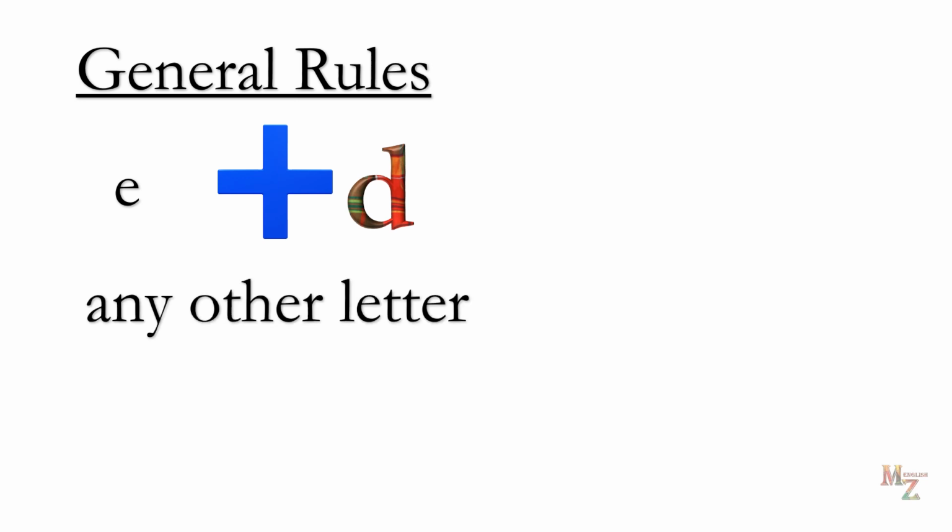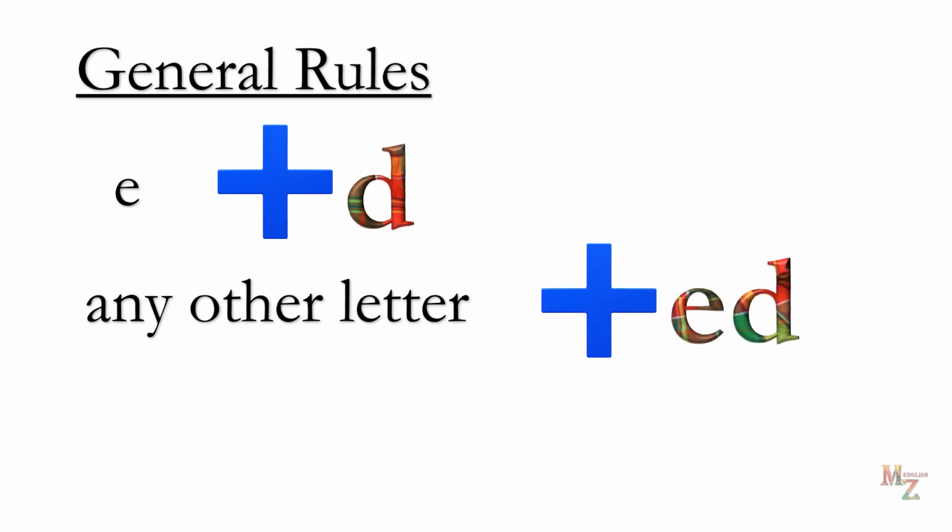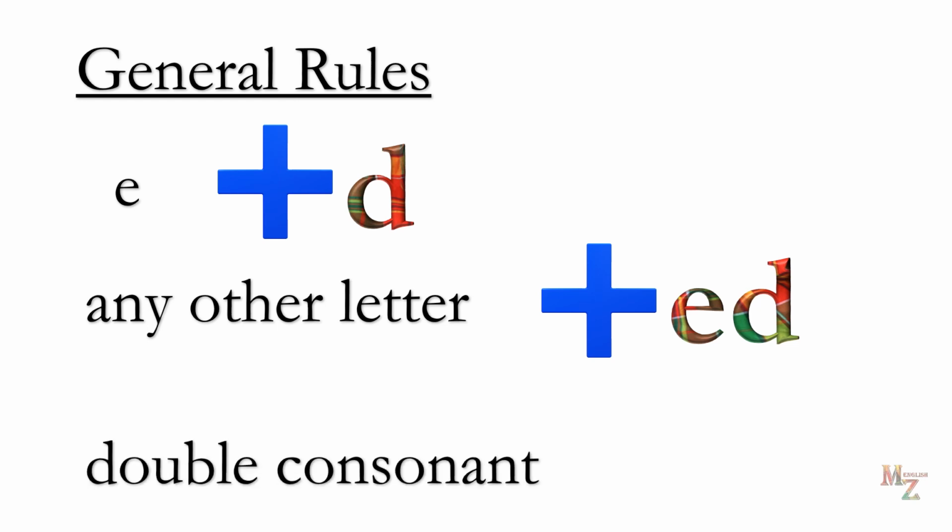The general rule is that when the verb ends with the letter E, we add the letter D. When the verb ends with any other letter, we add the letters ED. Now, if we have a short vowel sound immediately before a consonant, we double the consonant before adding ED.